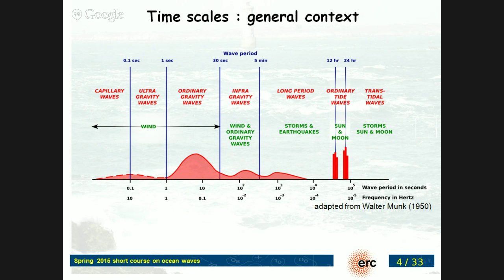And in the dispersion relation, that corresponds to a minimum of the phase speed, and that minimum phase speed is 20 centimeters per second for clean water. So I will not talk too much about these capillary waves and the ultra-gravity waves. So we tend to go up to 1 second, 1 hertz, and not too much towards the higher frequencies.